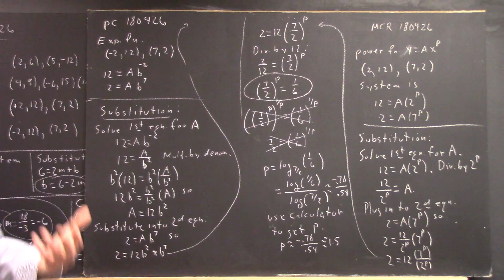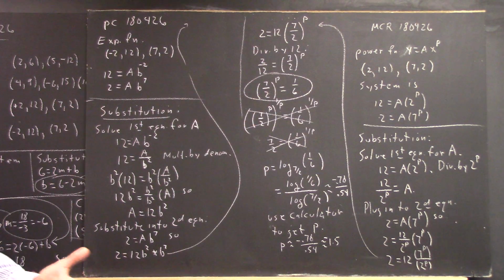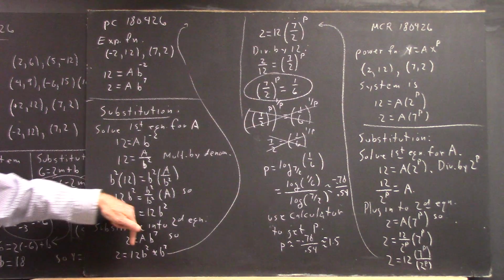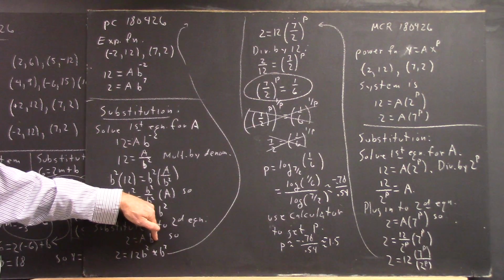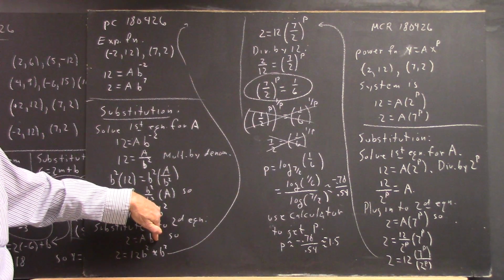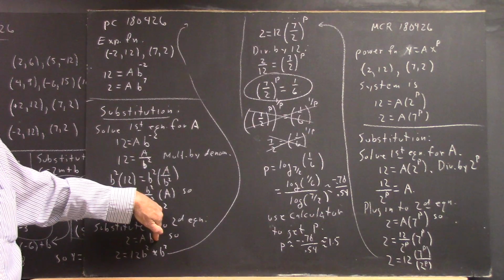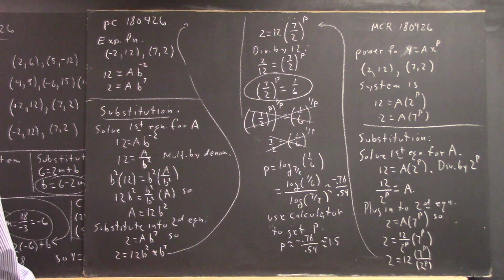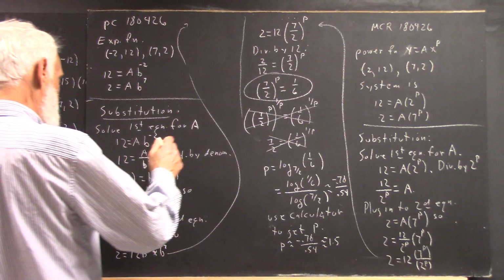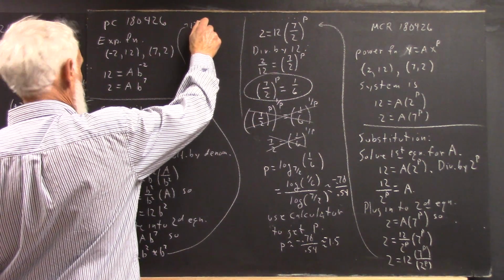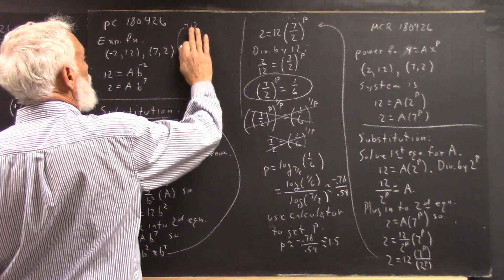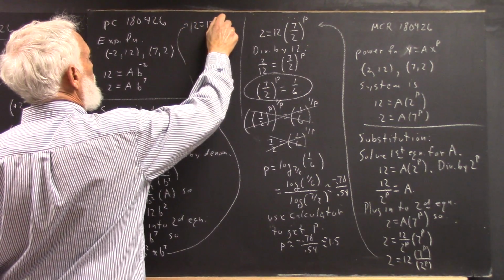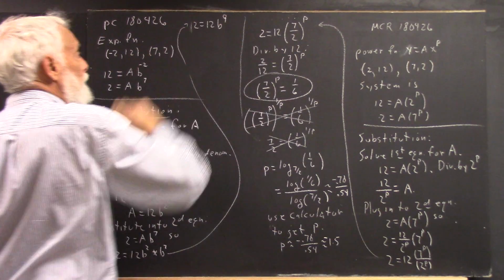You use the laws of exponents, right? And you get b to the 9th. I mean, this means b times b. This means b times b times b times b times b times b times b, which gives you b times b times b 9 times. So that gives us 2 equals 12b to the 9th.